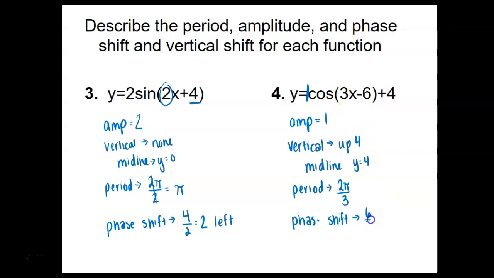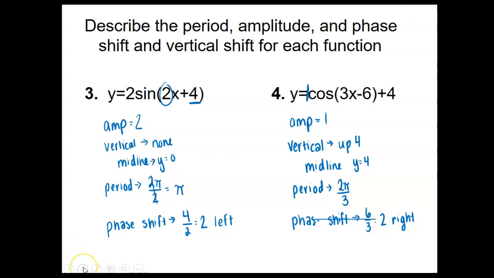So we'll have 6 divided by 3, which is 2. And that's going to be to the right. Yes, always start with 2 pi as long as it's sine and cosine. Now when we get to tangent, it's going to be different. But for sine and cosine, always do 2 pi divided by whatever number is in front of that x.